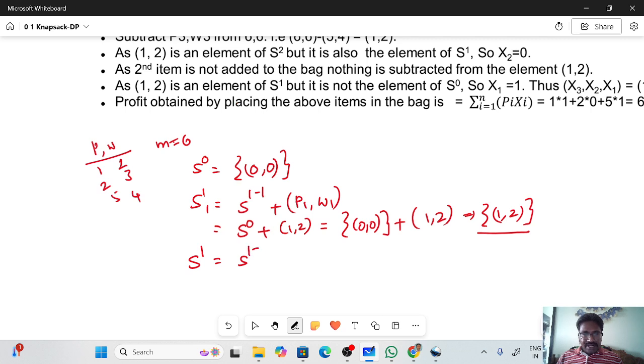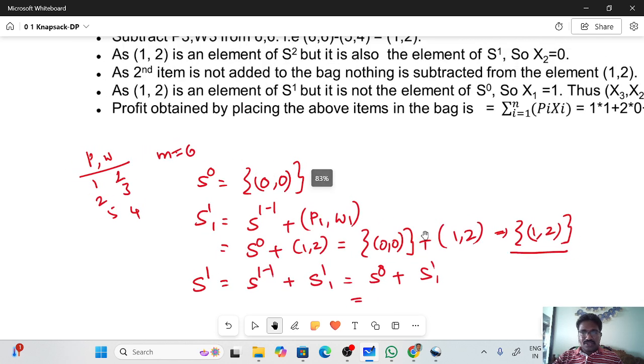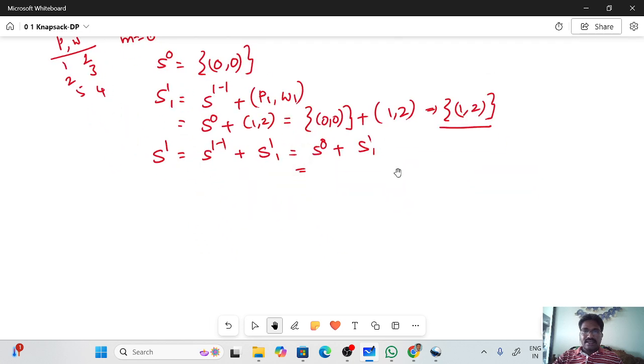That is nothing but S i minus 1 merged with S1 suffix 1. So S1 minus 1, the S power 0 set, merged with S power 1 1. What is the S power 0 set? 0, 0.